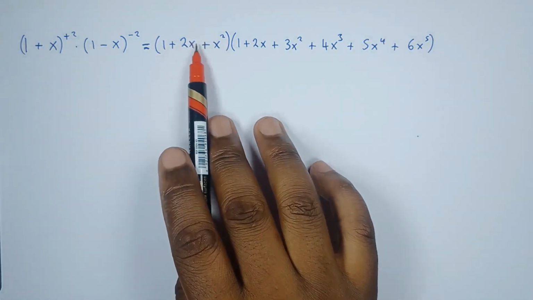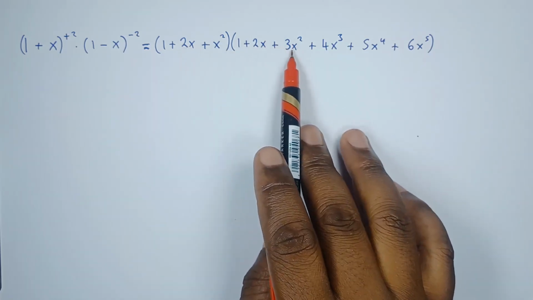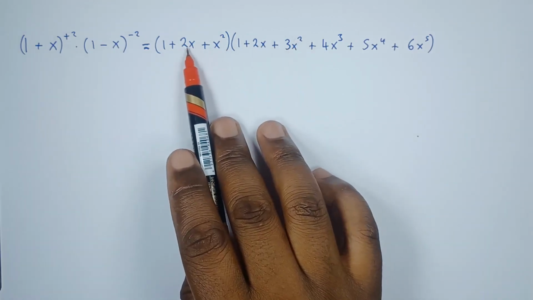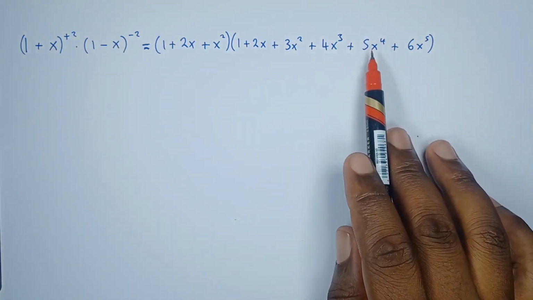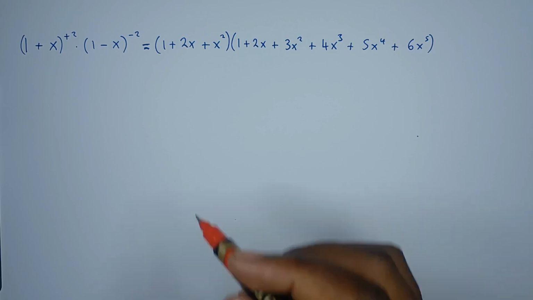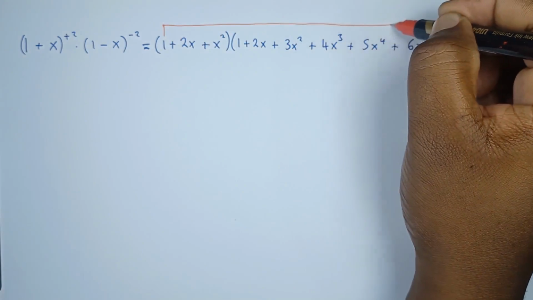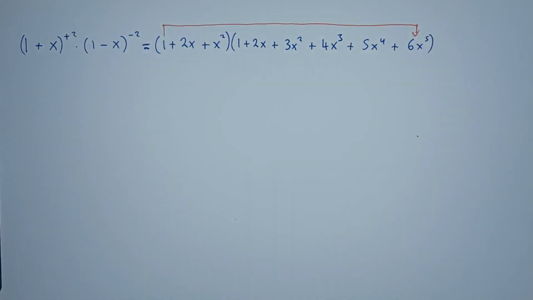2x. If I multiply 2x and 1, do I get x power 5? 2x times 3x power 2, do I get x power 5? Unless I multiply 2x times 5x to the power 4, then I'll get x to the power 5. So let's pick the pairs that will give us what we are looking for. If I multiply 1 with 6x to the power 5, I'll get an expression with x to the power 5.